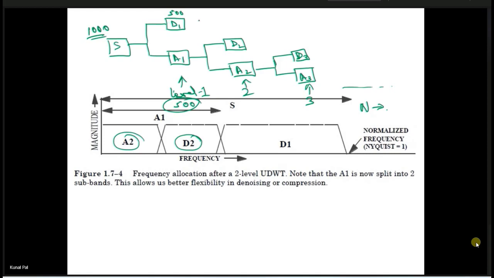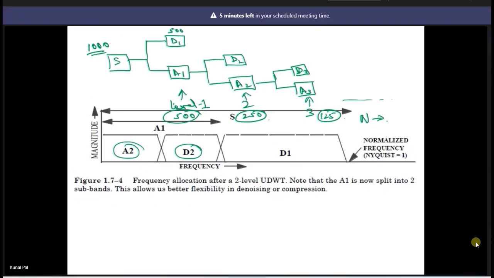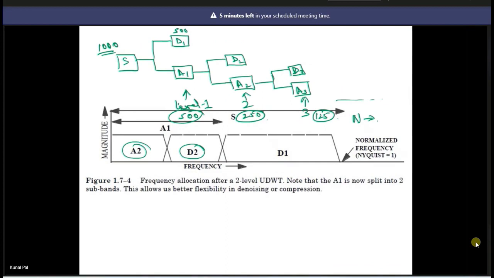In level 2, it would become 250. In level 3, it would become 125, and so on. So in the decimated discrete wavelet transform, as you increase the decomposition level, your signal length decreases, whereas in the undecimated one, the signal length does not decrease.